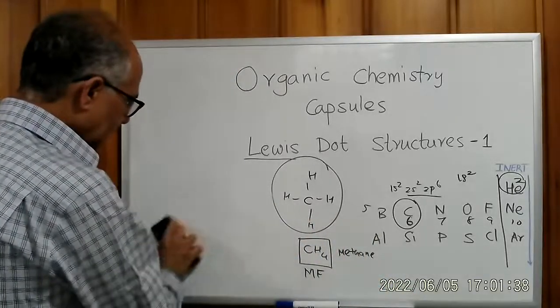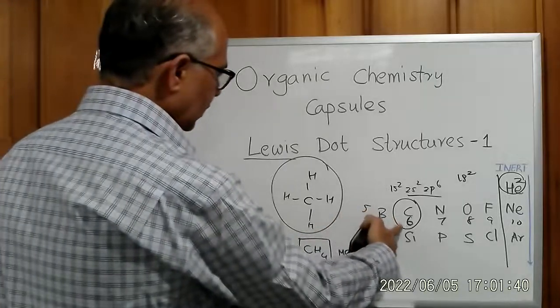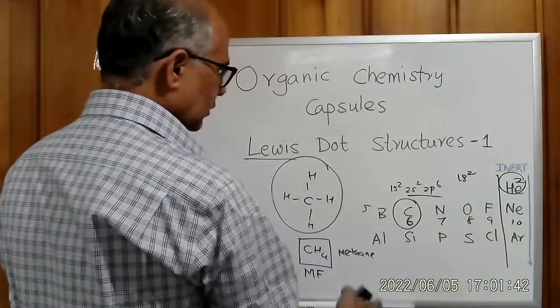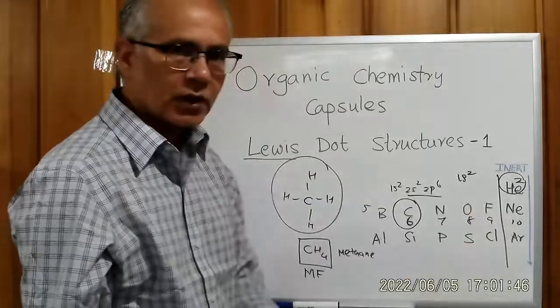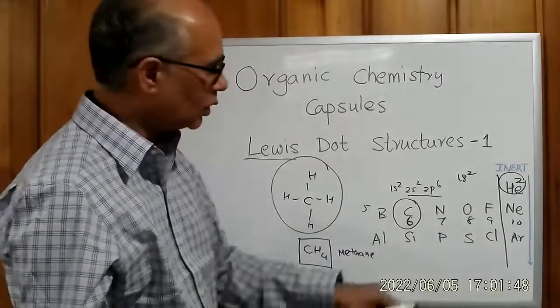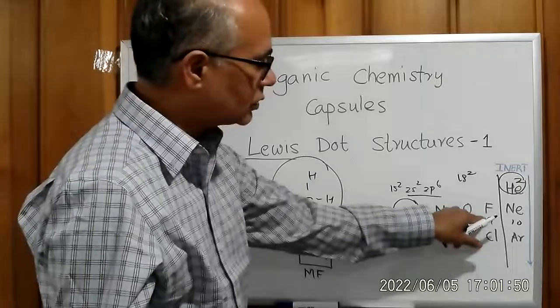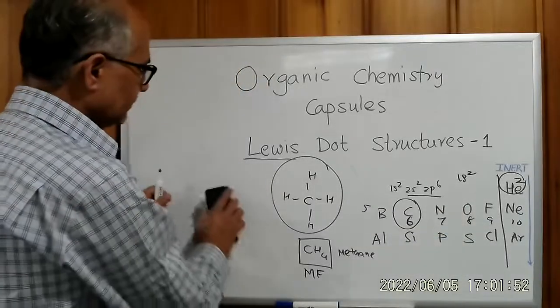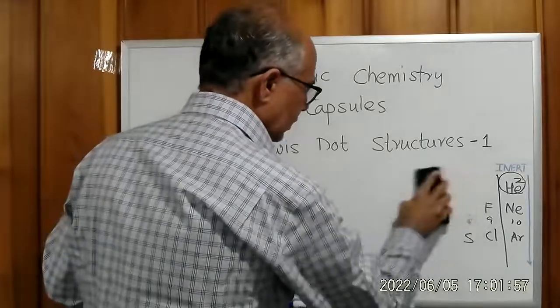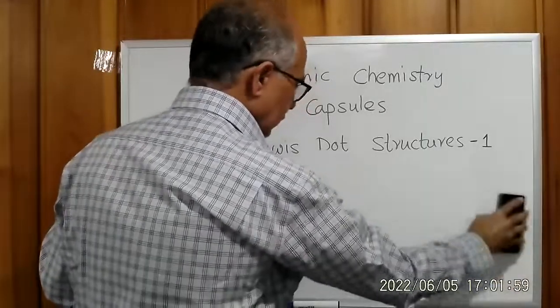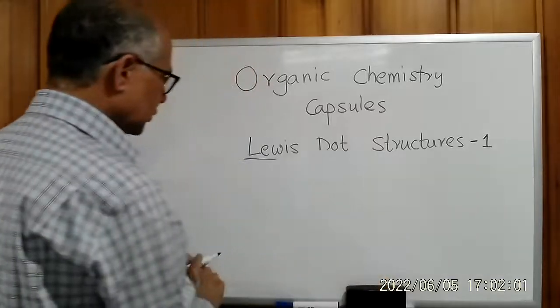Keep one thing in mind: carbon needs 4 electrons to become like neon, so carbon forms 4 bonds. Nitrogen needs 3 electrons to become like neon, so nitrogen forms 3 bonds. Oxygen forms 2 bonds. Fluorine forms 1 bond. Okay, so let's look at how to draw a Lewis dot structure.